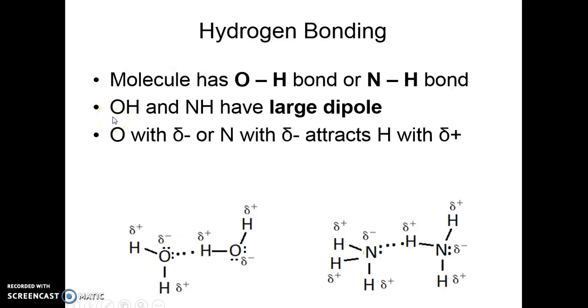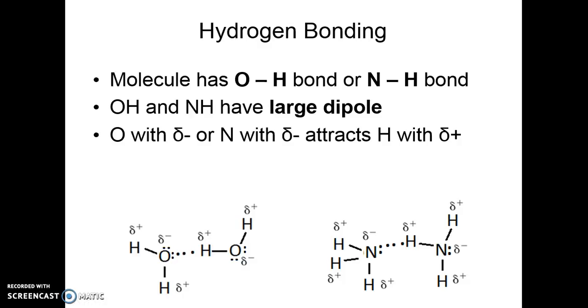Now, we see it in molecules that have oxygen-hydrogen covalent bonds or nitrogen-hydrogen covalent bonds. Water has this hydrogen-oxygen covalent bond, so it can form this hydrogen bond. Why is it that this happens? The reason is that you have a highly electronegative oxygen atom and a hydrogen that is very small and less electronegative, and they're tiny atoms.